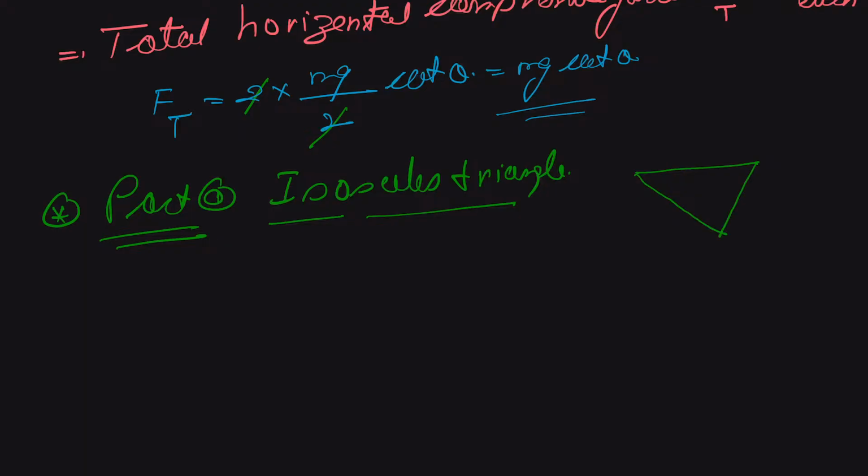And okay, let me draw the cylinders first. So this is our first cylinder, and this is our second cylinder, and in between we are having the isosceles triangle, so it will be something like this.